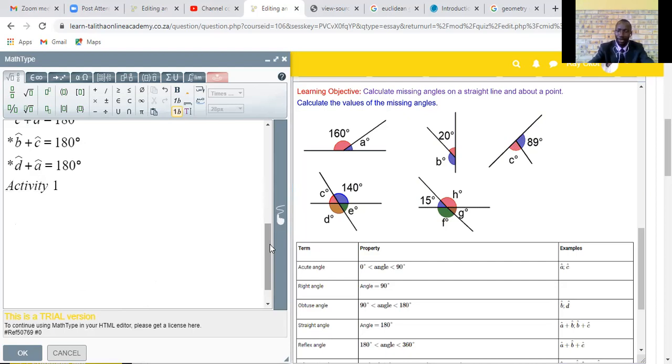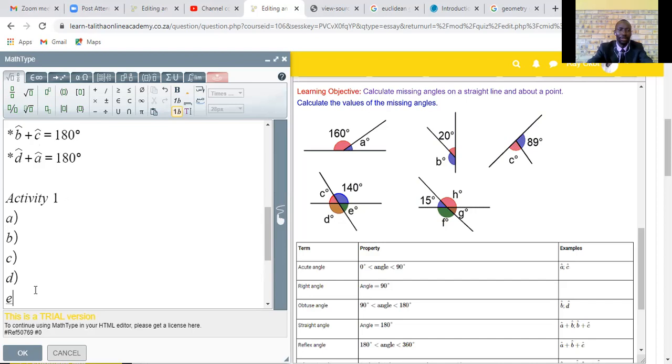Now in this activity 1, what we are supposed to do is to find the value of angle D. I'm going to break activity 1 into part A, in that order, part B, then part C, then part D, then part E, okay, because we have 5 questions in activity 1.